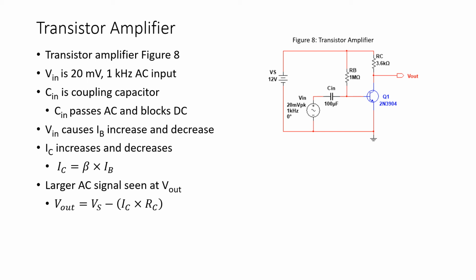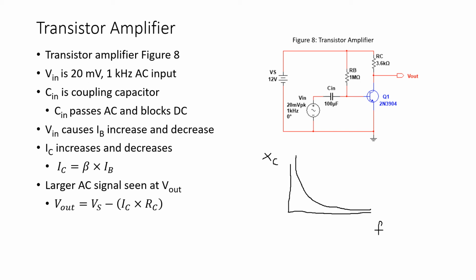Now with my transistor amplifier, I have to have a way to allow that AC signal to pass to the base of the transistor, yet block the DC current IB from flowing back through the input voltage. If we remember the plot that shows us the capacitive reactance, X sub C, as a function of frequency, remember that at low frequencies, X sub C is extremely high. But at high frequencies, X sub C gets very small.